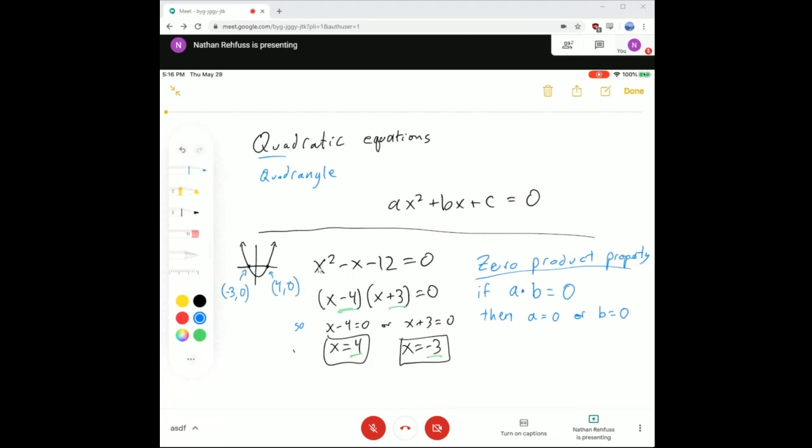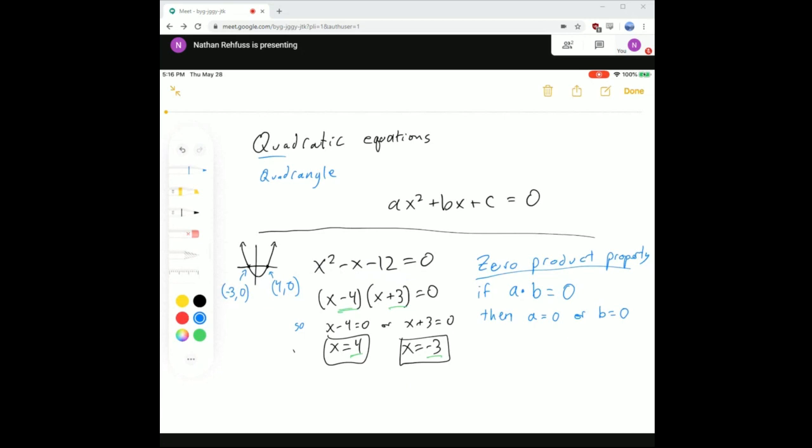We can check that. 4 squared is 16, minus 4 is 12, minus 12 is 0. Negative 3 squared is positive 9, because the minuses cancel. Subtract a negative 3 and we get positive 12, and then subtract 12 and we get 0. So these are the two values of x that make this whole thing 0, just as advertised.